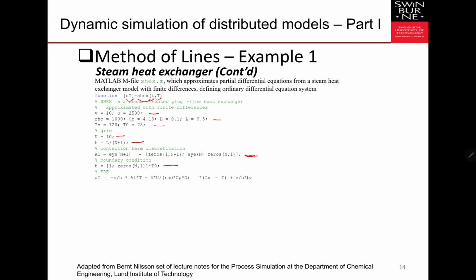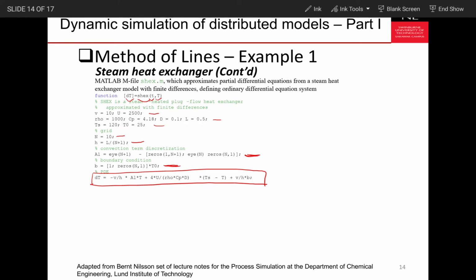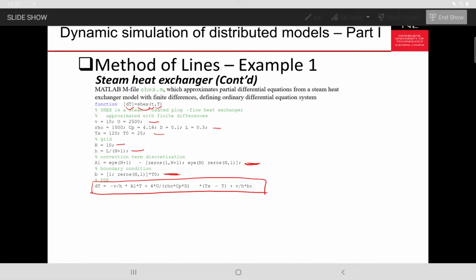And this B is also a matrix of 1, zeros, and 1 T naught. We will show this as well in the additional materials. And this will be the set of ODEs. Now I will move into the additional materials to show how the derivations can be done.